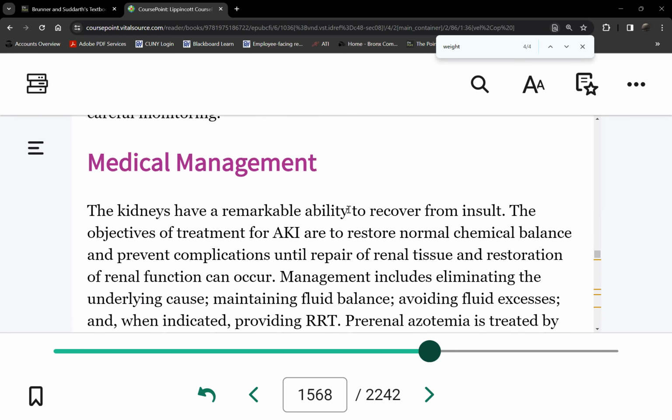Again, for medical management, this will depend on what caused the AKI. So it'll be specific to the patient's cause. Okay, and whether it's pre-renal, intrarenal, or post-renal causes. Okay, that's how you treat AKI.